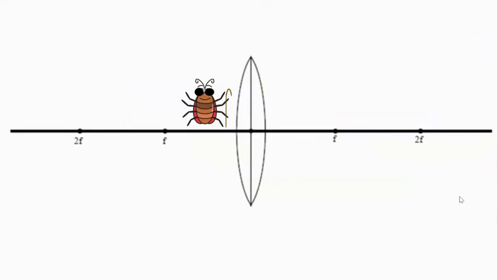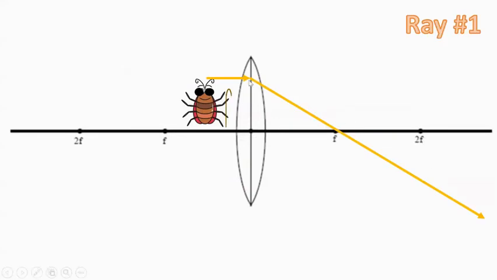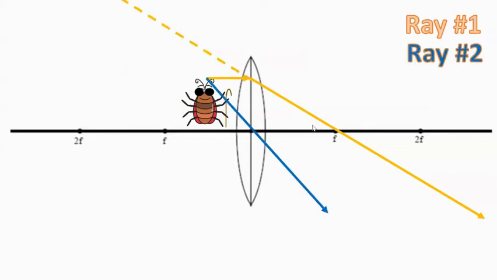Okay, finally, we're going to bring him inside of the focal length. And the first light ray is parallel at first and bends toward the focal point. And we'll do the second one that goes straight through the middle. And we're just going to trace that backwards to get the virtual ray. Okay. And for somebody on this side of the lens looking through this, it would appear that the light was coming from back here.